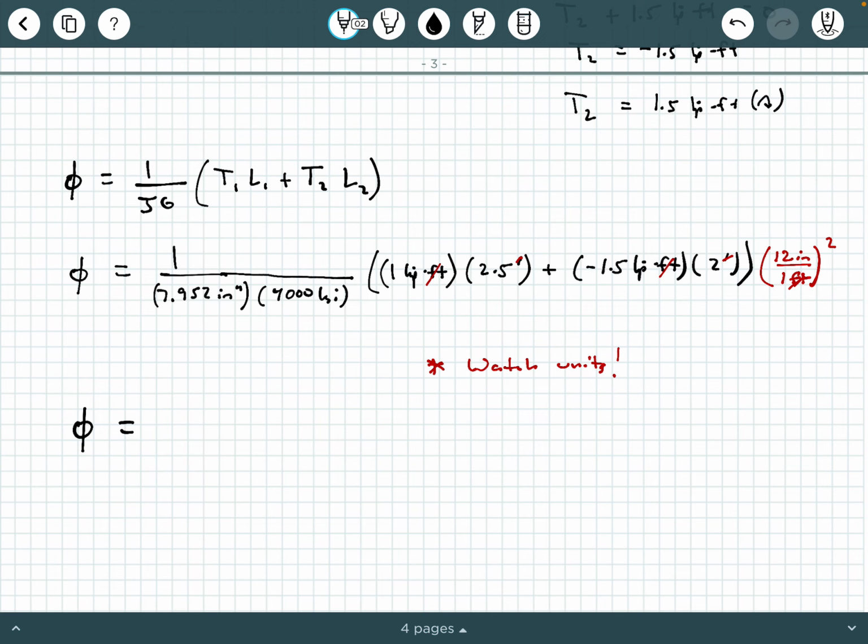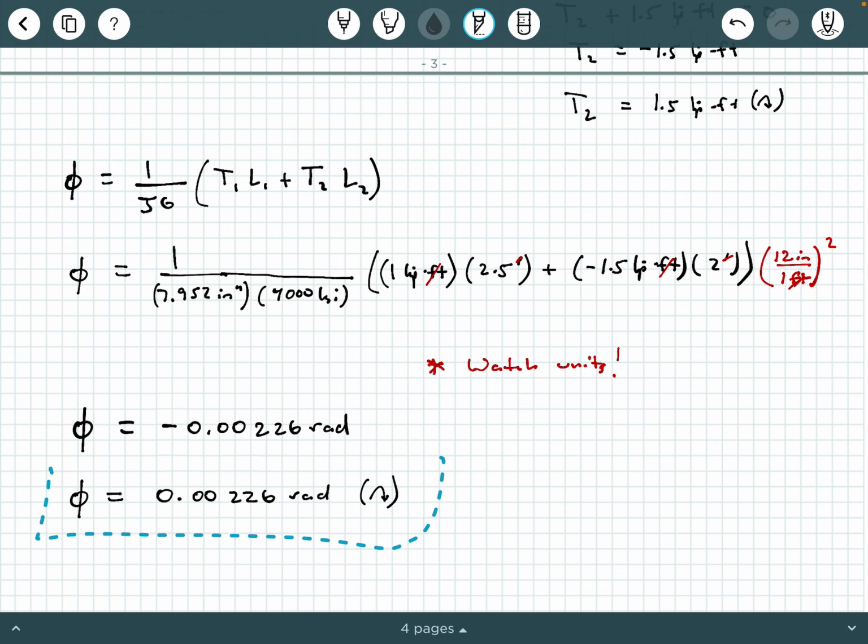And so what I end up getting is negative 0.00226 radians. Now, what does that negative indicate? That indicates I've got 0.00226 radians going clockwise, okay?